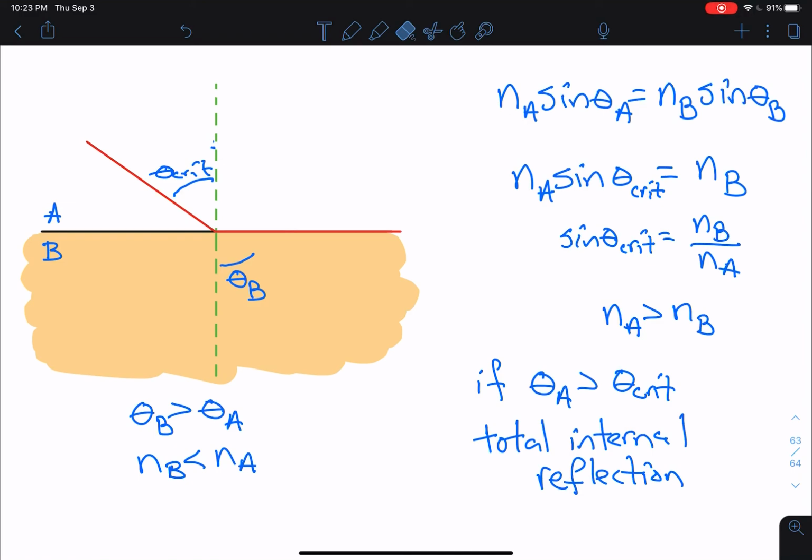We no longer have this theta b. This right here would be 90 degrees to here. And again, the sine of 90 is 1, so that's why that's disappeared and it's just become n_b. So we get this relationship, which allows us to find the critical angle. And if the incoming angle is greater than that critical angle, you're going to get total internal reflection.